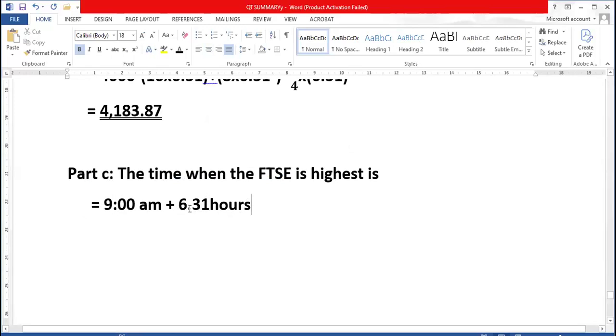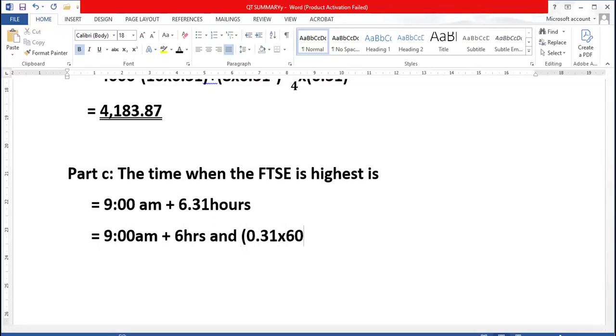So here you're adding, in short, 9 a.m. plus 6 hours, and how many minutes? To get minutes, you take 0.31, since you have already removed the 6. So 0.31 times 60 minutes.